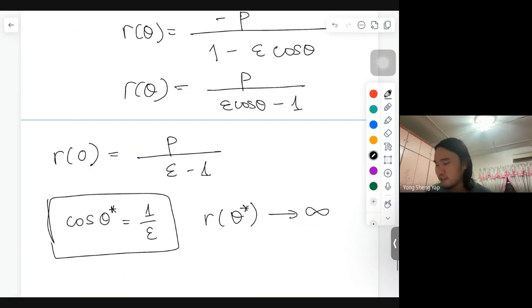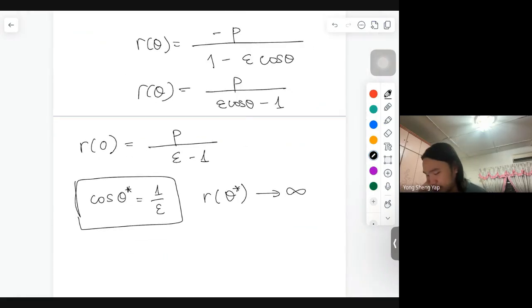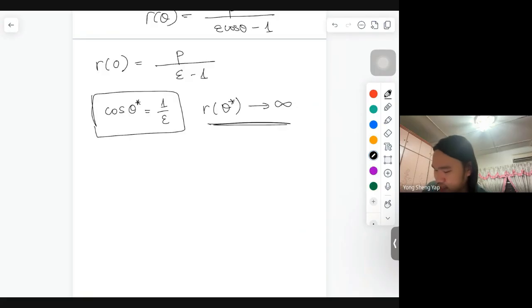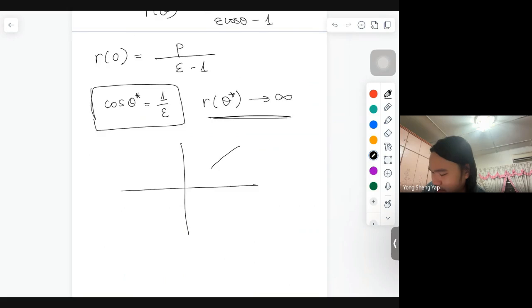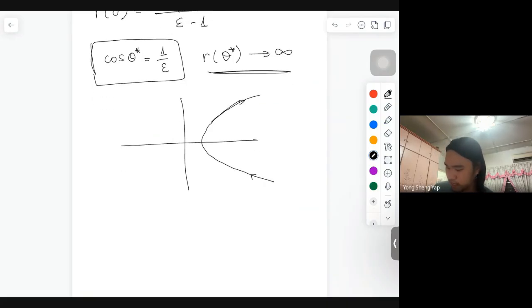So instead of being bounded between an r minimum and an r max, there is a theta star where the position of the particle becomes infinitely far away. I will tell you that this shape corresponds to a hyperbola.